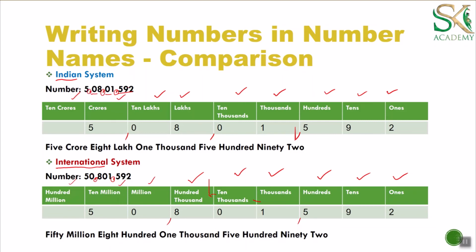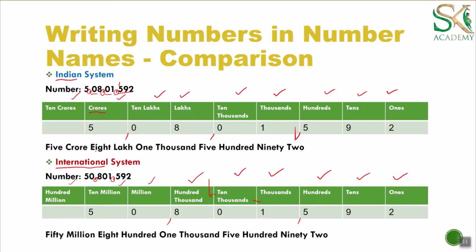That means units, tens, hundreds, thousands, 10,000s, lakhs, 10 lakhs, crores. So if you want to write that, how will you write? 5 crores, you have written here. Similarly, it is 0 in the 10 lakhs box and 8 in the lakhs box.